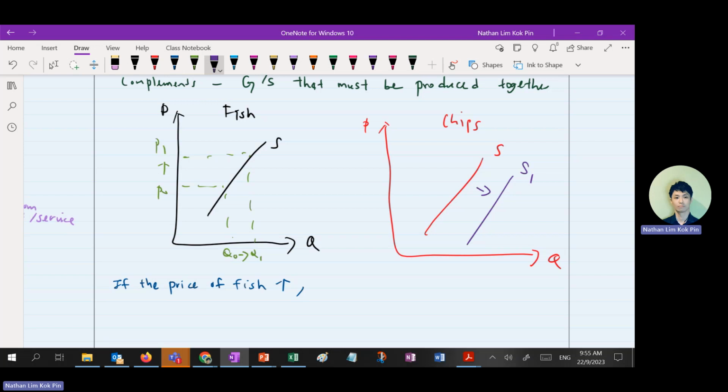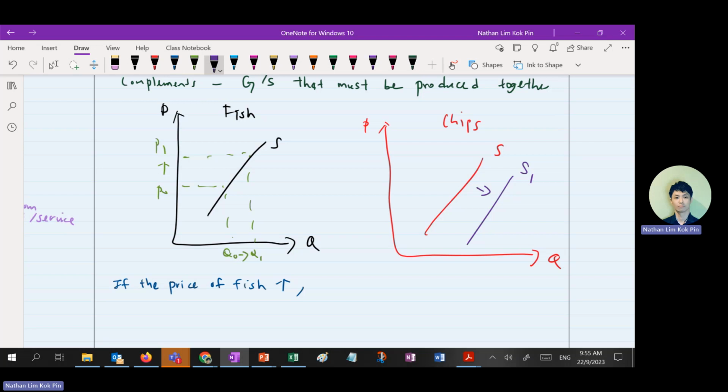Why is it different? Because I don't use the chips to cook the fish, and I don't use the fish to cook the chips. So they're two separate things. They're complements. If I use the cooking oil to cook the fish, that is cost of production. Cooking oil is a cost of production, not a complement.